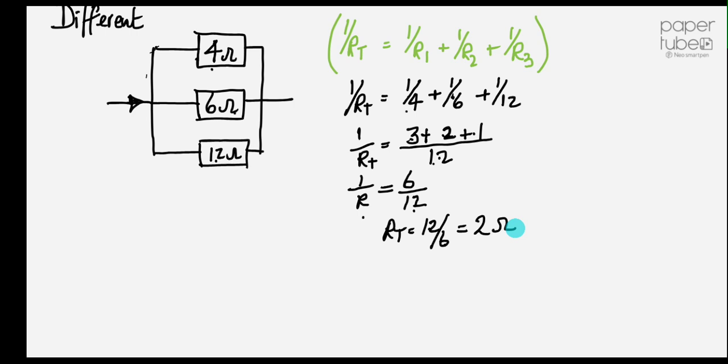So I can replace that with one resistor of size 2 ohms. Fair enough? I can replace these 3 resistors with one resistor of size 2 ohms.